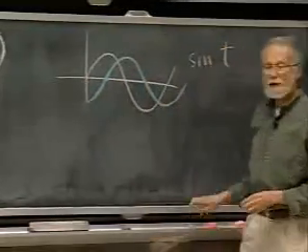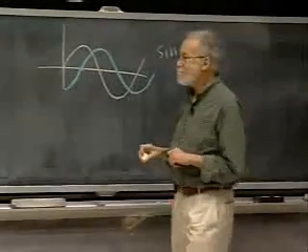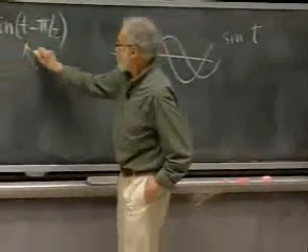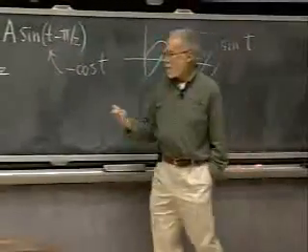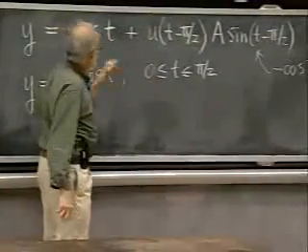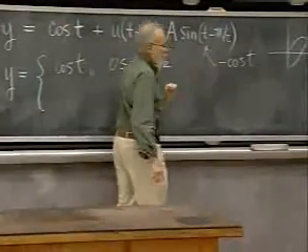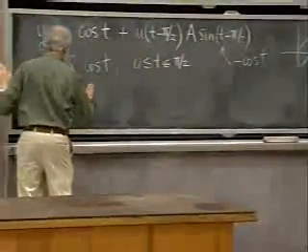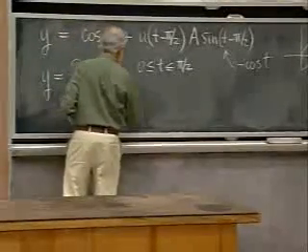So that curve is the curve negative cosine t. And so the answer is, if t is bigger than pi over 2, it is cosine t minus a times cosine t. Or in other words, it is 1 minus a times cosine t.